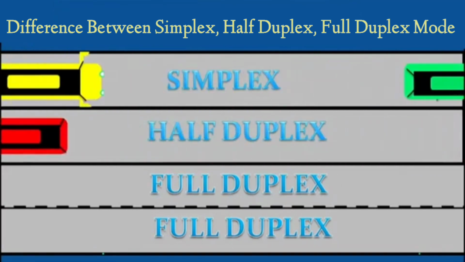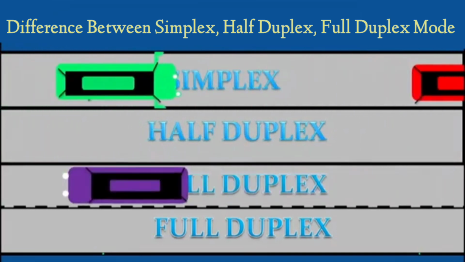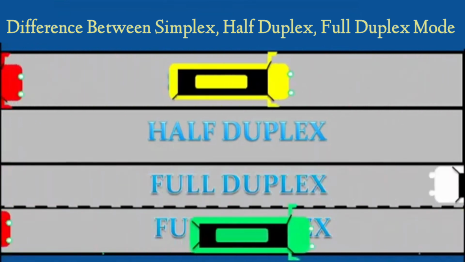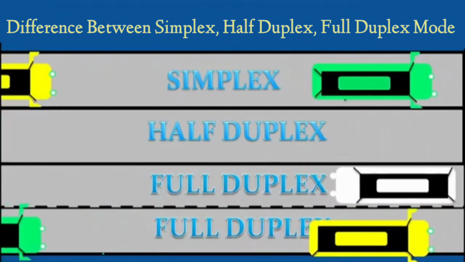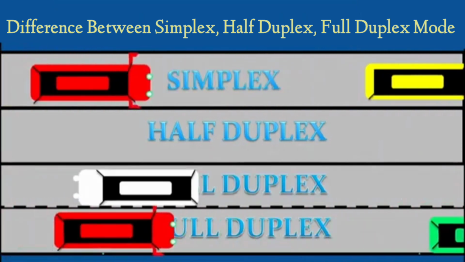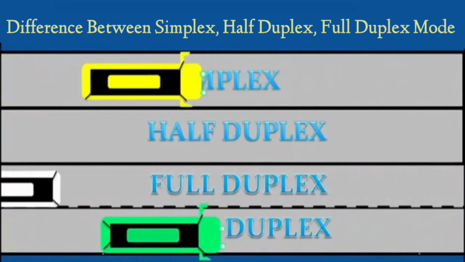But in full-duplex, the cars don't have to wait, because you can compare full-duplex to a two-lane highway. Each lane is dedicated to a direction. The cars that are traveling in the opposite direction have their own dedicated lane as they travel to their destination.